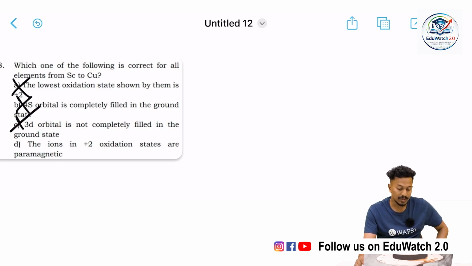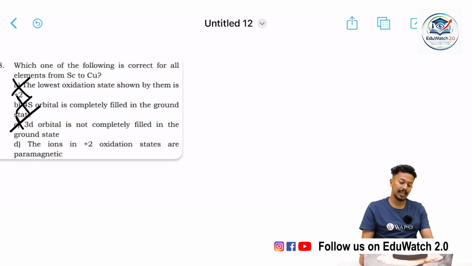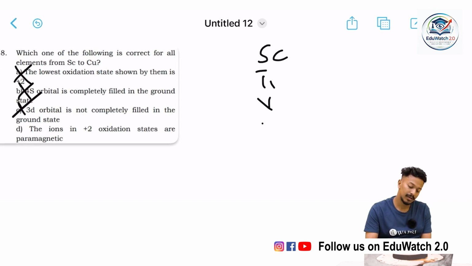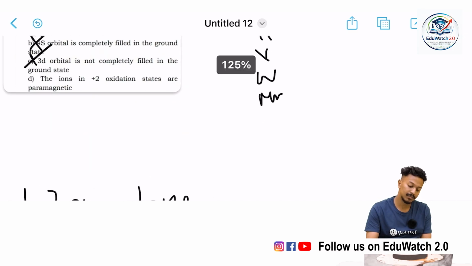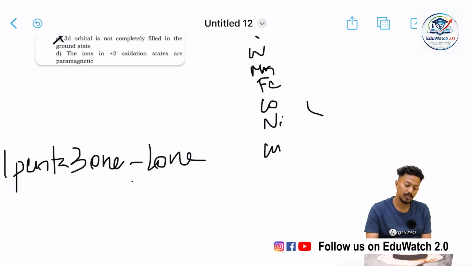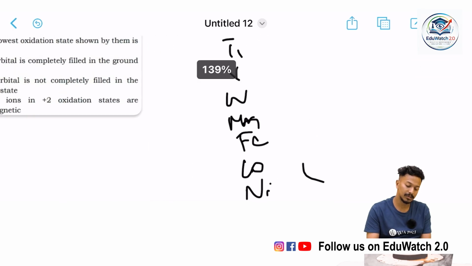The ions in +2 oxidation states are paramagnetic. Well, it might be true actually. Going through scandium to copper, we have done this one.